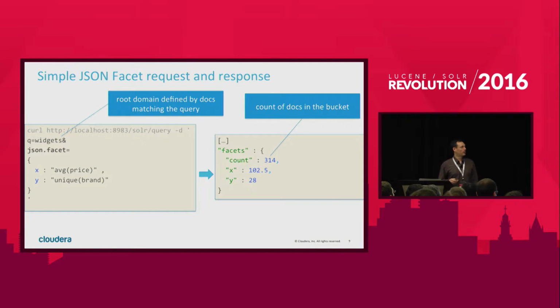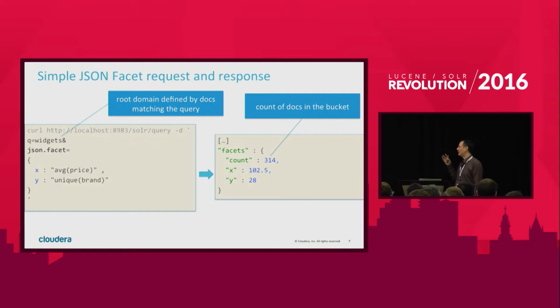So here is the simplest, almost like a degenerate example of the JSON Facet request and response. We have our normal query, and we have this JSON.facet equals, and then a JSON snippet, and we're just saying, give me the average price, name it X, give you the unique number of brands, and name it Y. This isn't even what you'd think of as faceting.